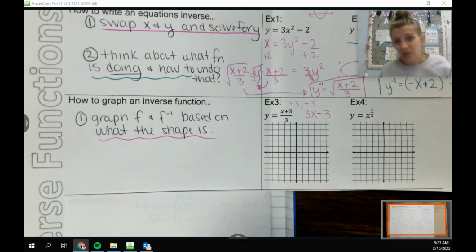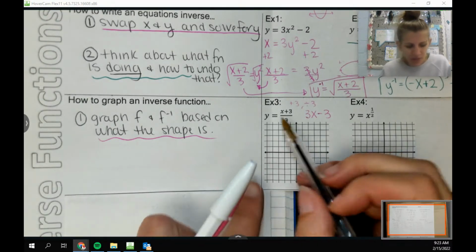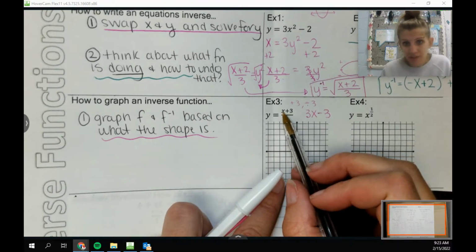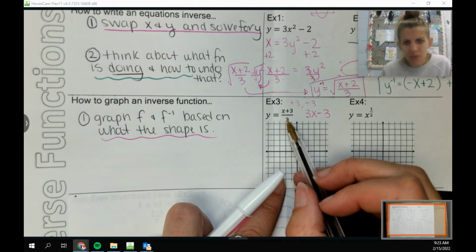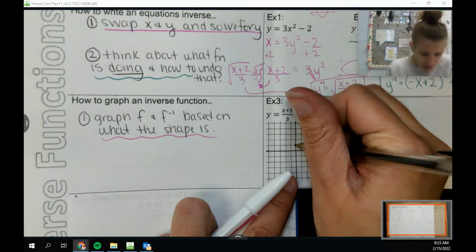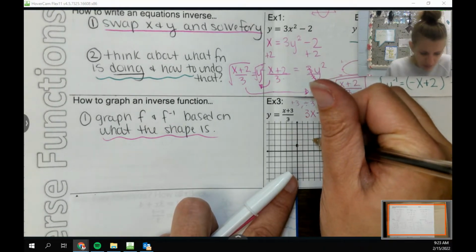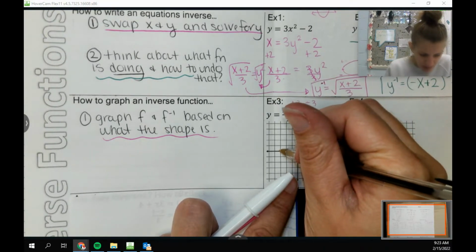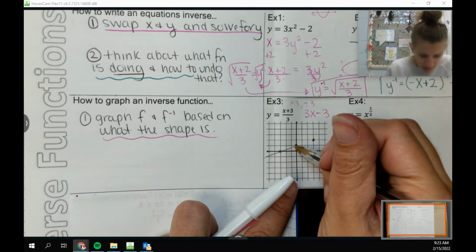Okay. And so then I have to graph both of these. So this first one is a line with a slope of 1/3 and a y-intercept of 1. So we go to 1, we do a slope of up 1/3, and we get this line here.